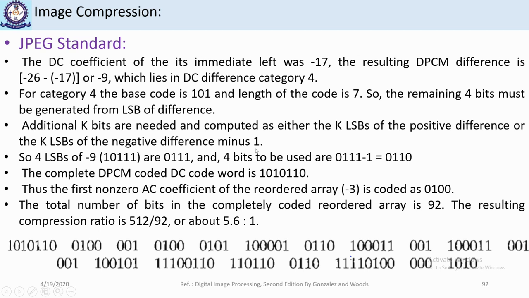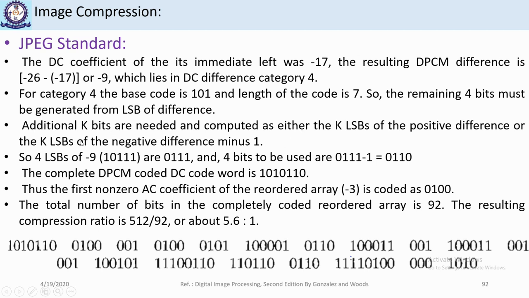So we represent the difference, positive or negative, in binary form, and the k LSBs of that positive number will be taken, or the k LSBs of the negative binary number minus 1 will be taken.